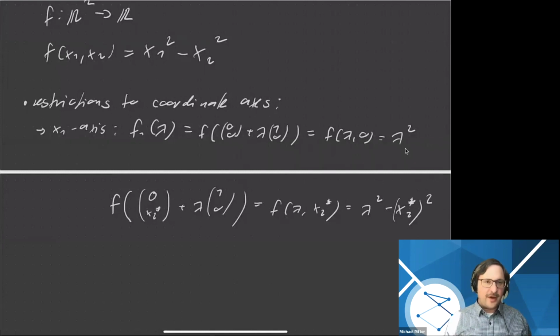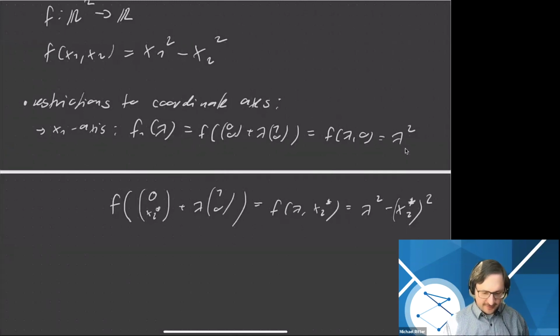So what you have here is this f1 restriction basically means the graph is a parabola shaped like this. And if you're moving that in x2 direction, so you're looking at parallels of the x1 line, then you get basically the same parabola, but shifted by that constant x2 star squared.